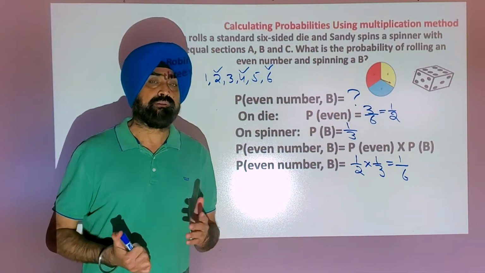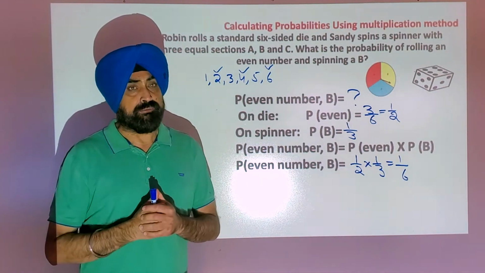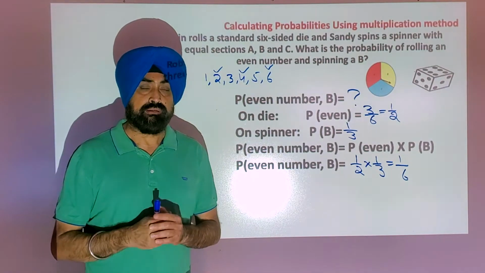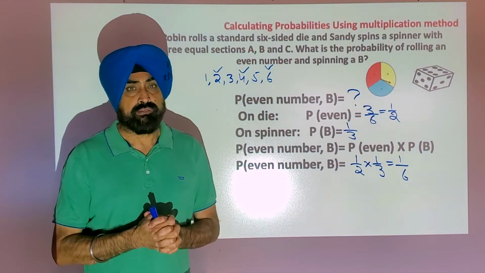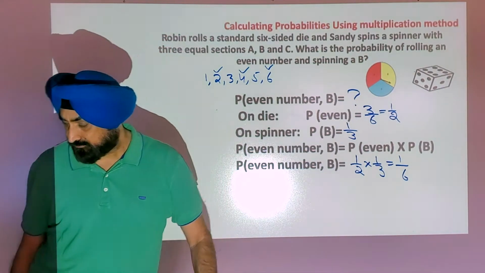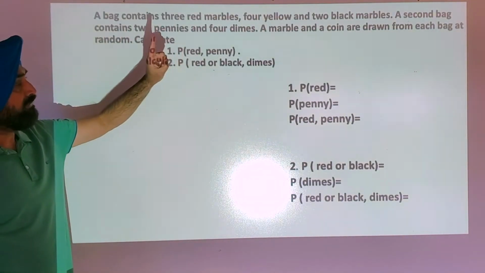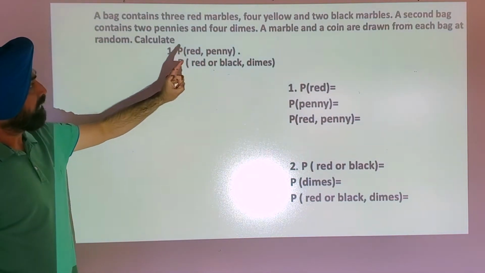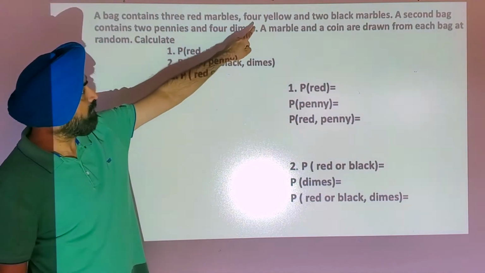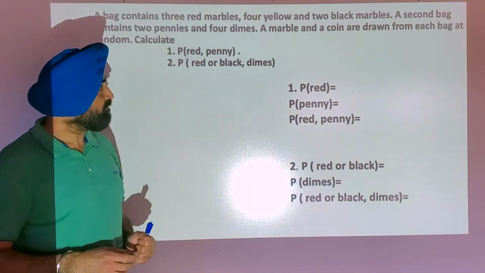This is a very simple and easy method when we are finding the probability of different events or independent events. I'll give you one more example. A bag contains 3 red marbles, 4 yellow, and 2 black. 3, 4, 7, and 2, so there are 9 marbles in one bag.